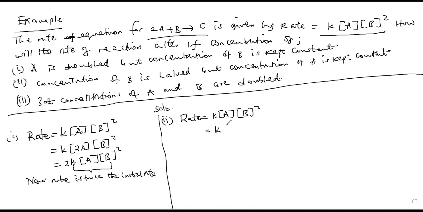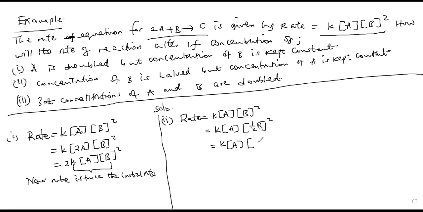So we shall have K, this will be A, because A was kept constant, then B will be a half B, then squared. So this is the same as K, A, and this square affects a half and affects a B.